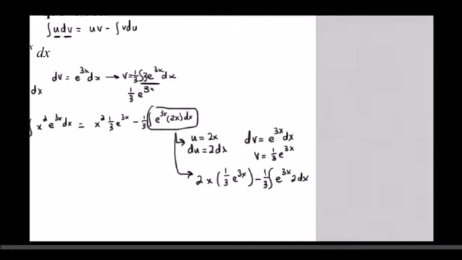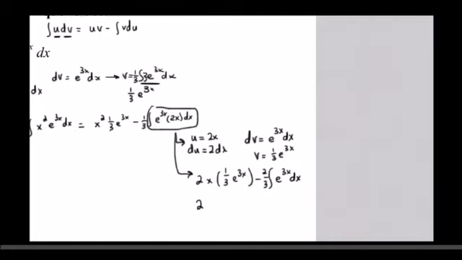and then actually this 2 doesn't really need to be there. I'm going to go ahead and pull that 2 out in front and call it 2/3, and then just leave the dx there.